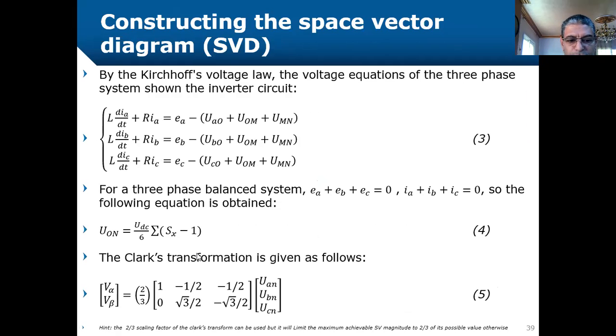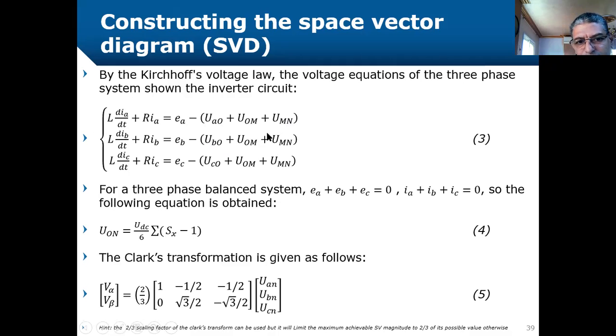Using this voltage O to N, we can get the phase voltages A, B and C referred to the neutral point of the load, which are UAN, UBN, UCN.